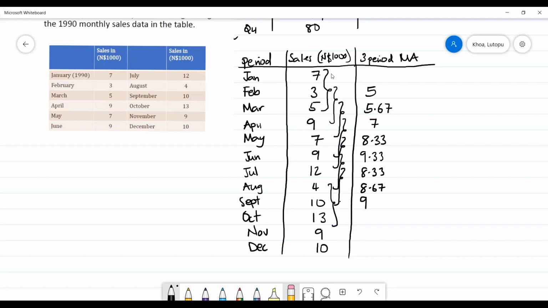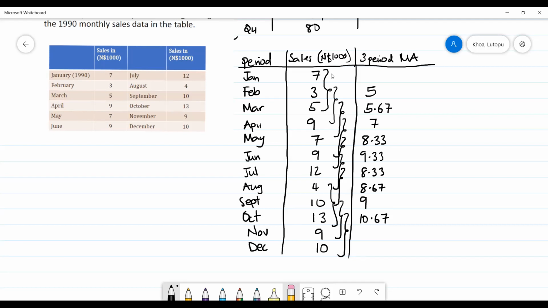And then we have 10 plus 13 plus 9. This is 32. 32 divided by 3, sorry. This is 10.67. And then 13 plus 9 plus 10.